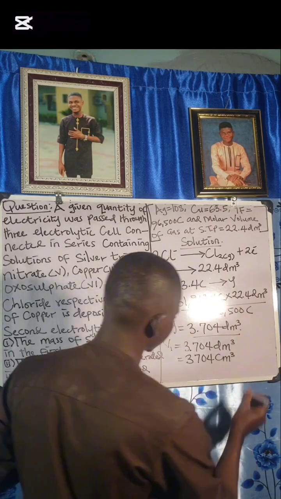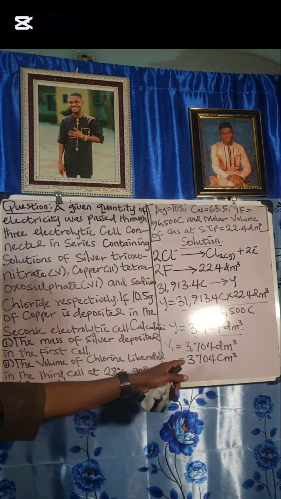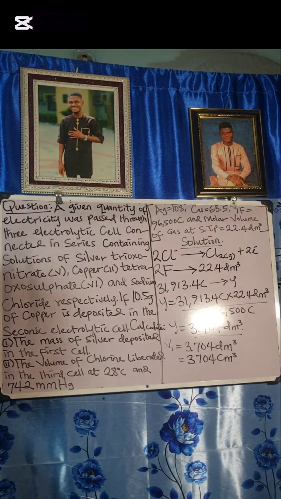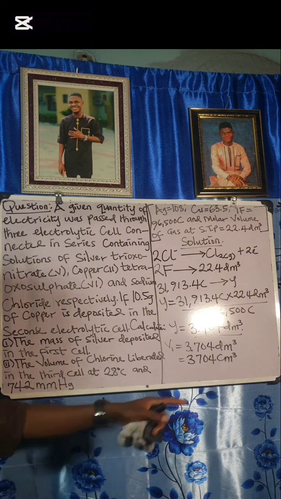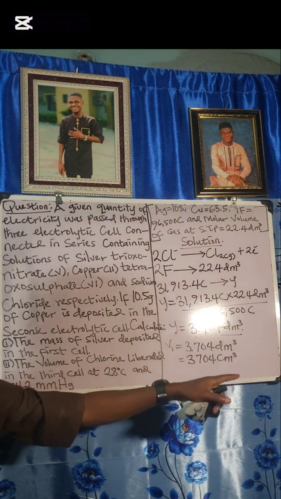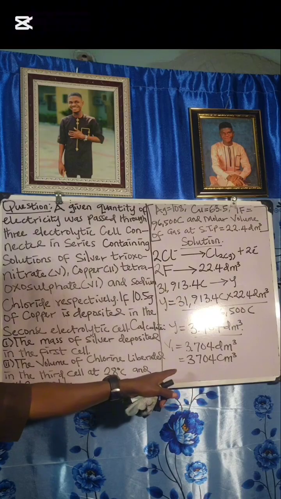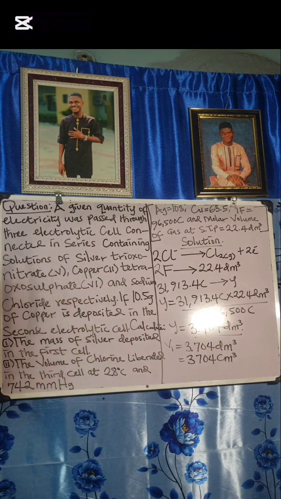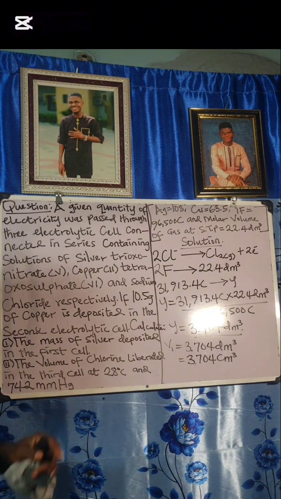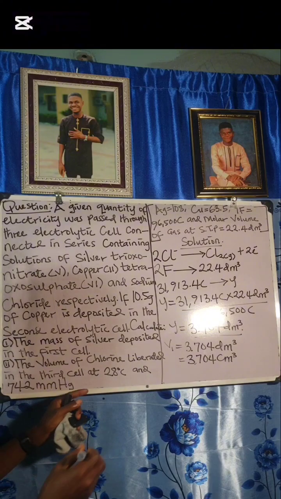Our V1 now will be equal to 3.704 cubic dm, and I've converted the cubic dm to cubic cm, and we have 3,704 cubic cm.